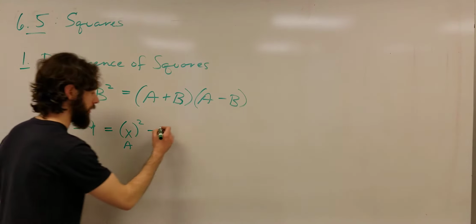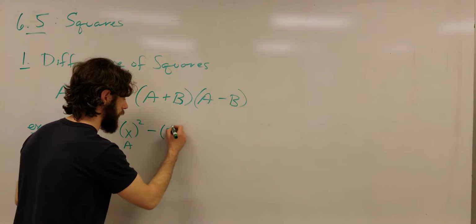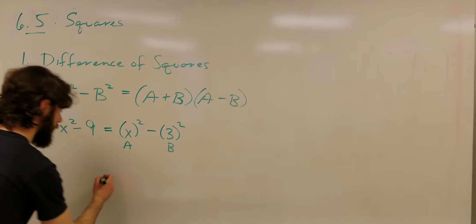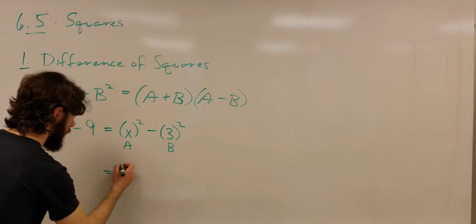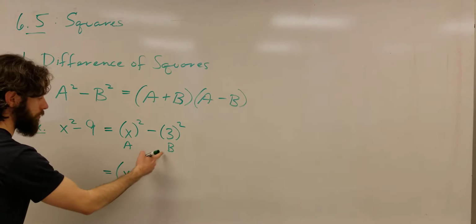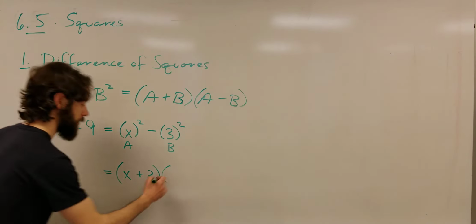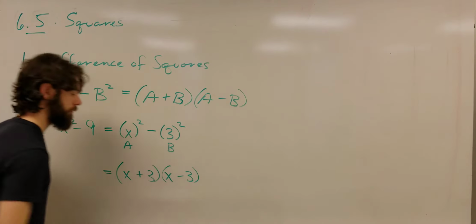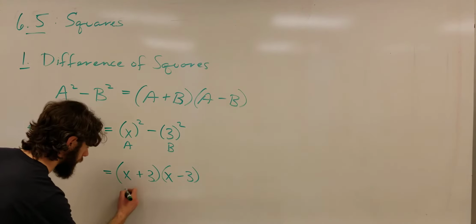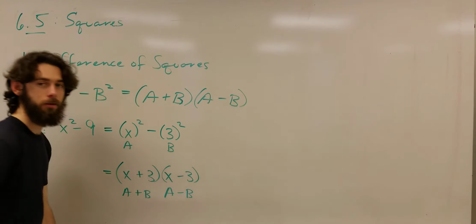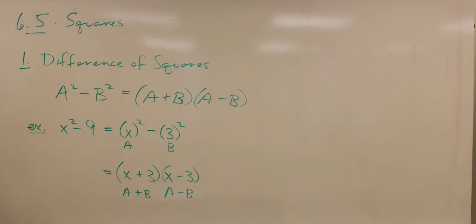It's the square of 3. So then we have 3 squared. 3 is our b. And then we just write that. So we have x plus 3 times x minus 3, to make a plus b times a minus b. Okay. So that's your typical difference of squares.